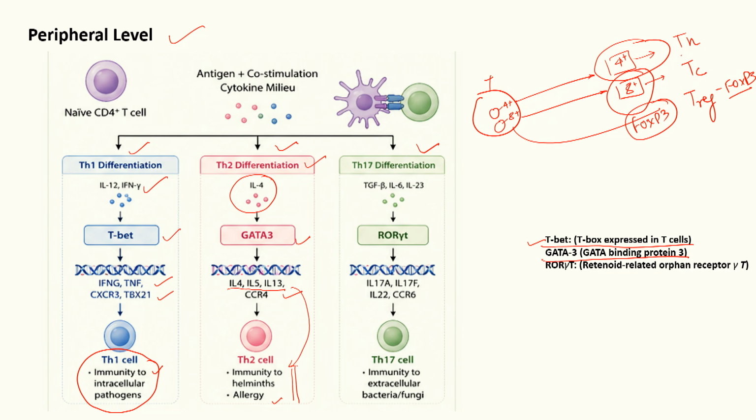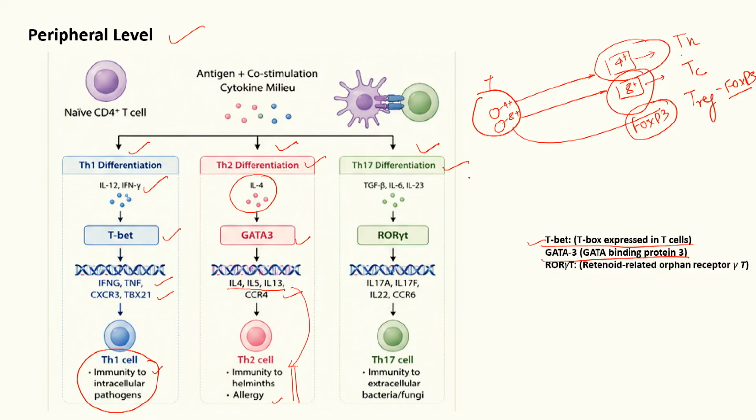So Th2 differentiation is based on IL-4 expression, the GATA3 transcription factor and production of these cytokines such as IL-4, IL-5 and IL-13. This is exactly the way we will see in Th17 as well.